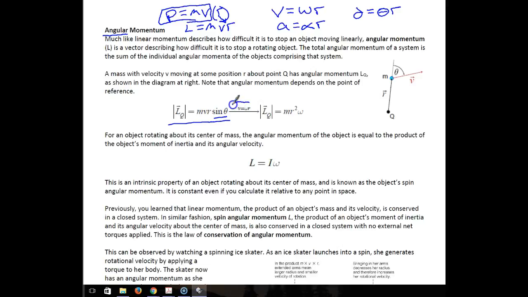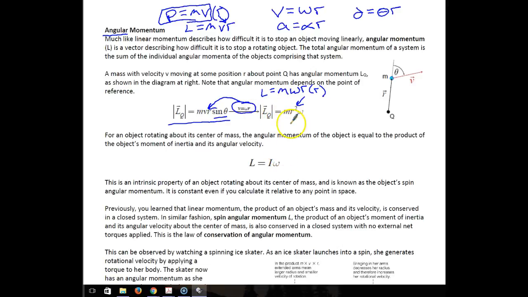If I substitute in for my velocity, so if I substitute in omega r, so we're going to say L is equal to m, and then we're going to do omega r times r, I end up with the equation that you see here, mass times r squared times the angular speed. So this is another equation for angular momentum.